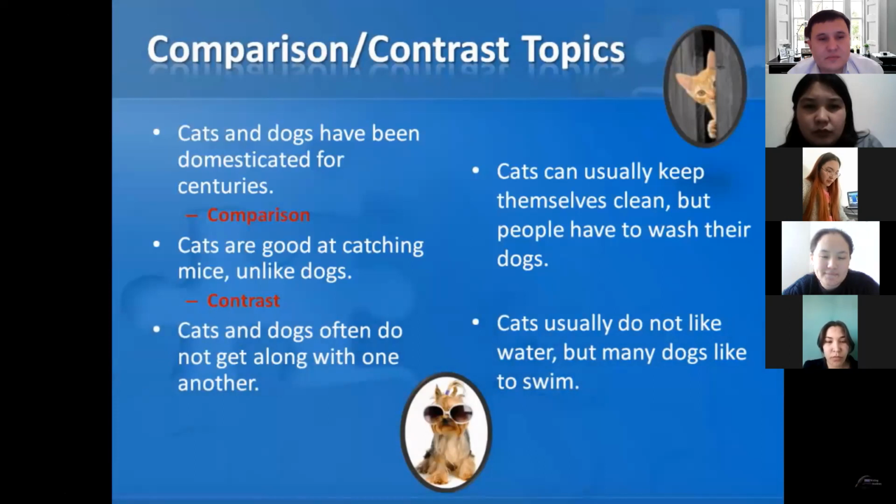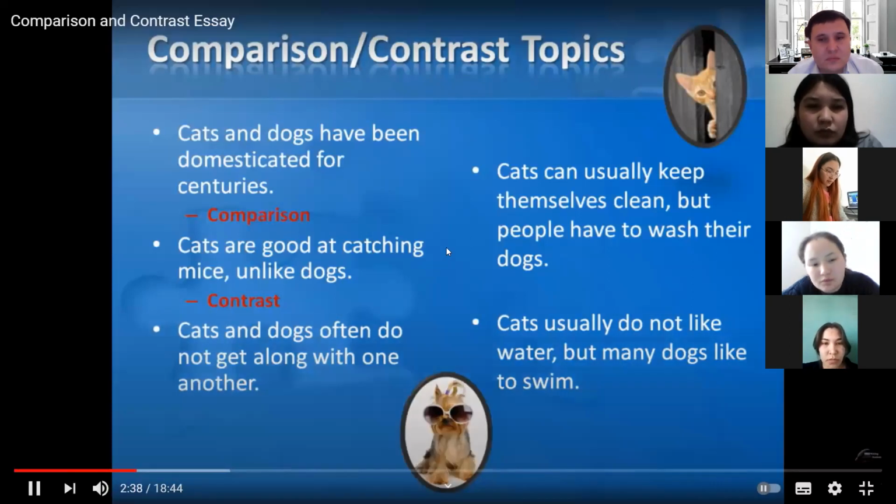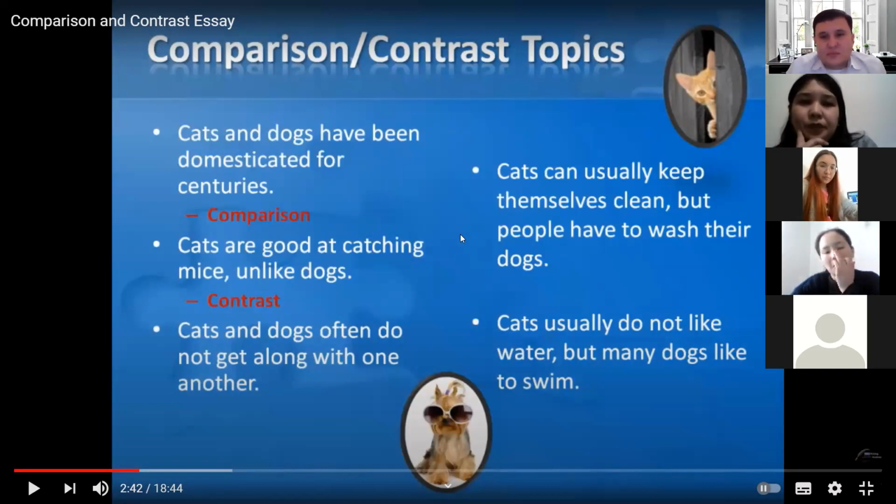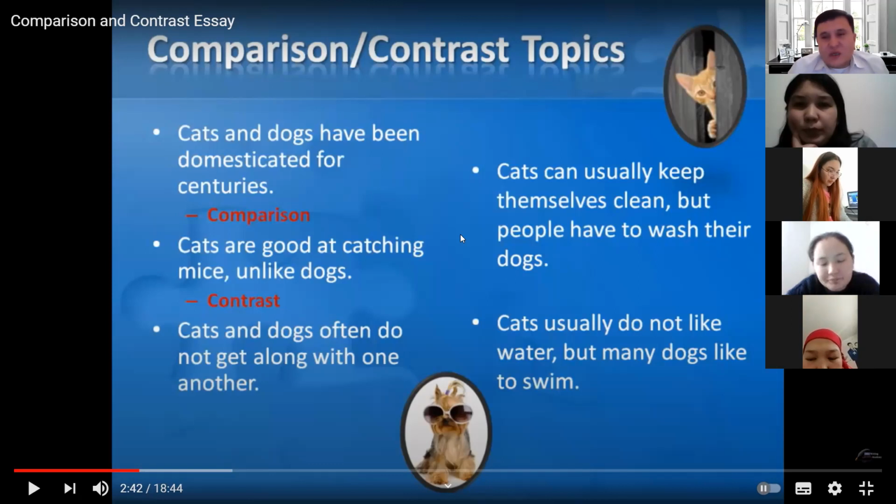Let's look at the third bullet. Cats and dogs often do not get along with one another. Would this be a comparison or contrast statement? Is it a comparison or contrast statement, dear students? Yeah, comparison. Mostly it's a comparison. Both of them often do not get along with one another.